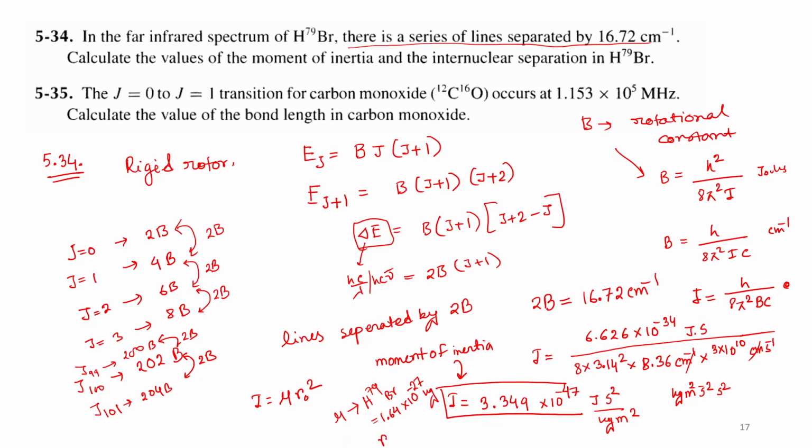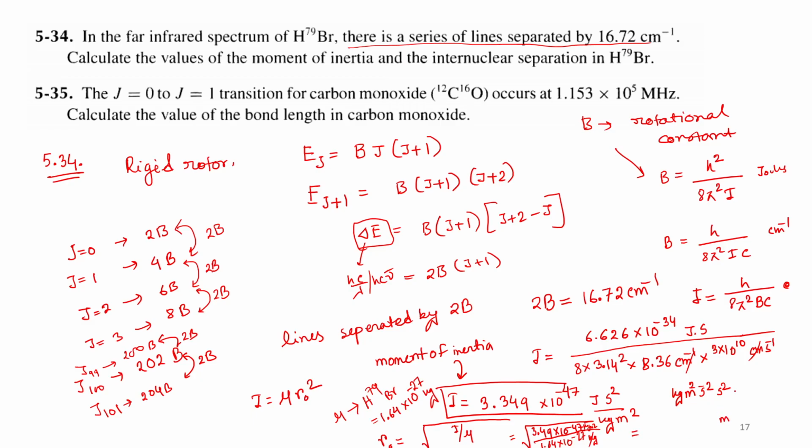So you can get the value of r0 as root over I by mu, which is nothing but root over 3.39 into 10 to the power minus 47 by 1.64 into 10 to the minus 27. Above is kg meter square and below is kg, so kg is gone and meter square will become meter.